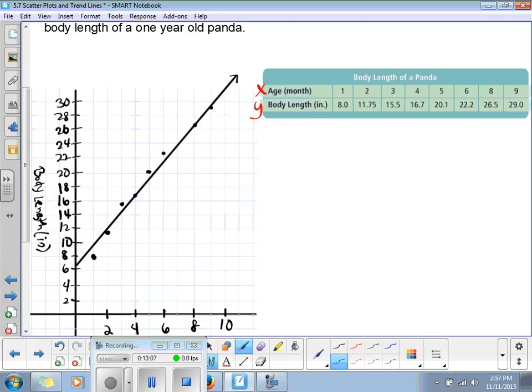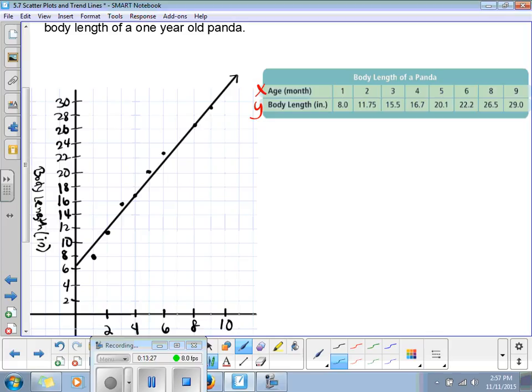What do I need to write an equation? Slope. And a y-intercept. Well, no, we're not going to use the y-intercept here, because this was an estimation.